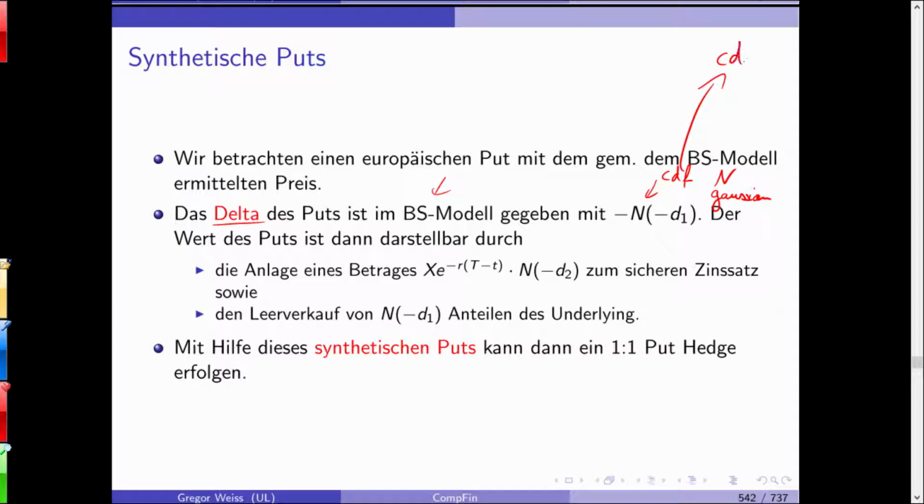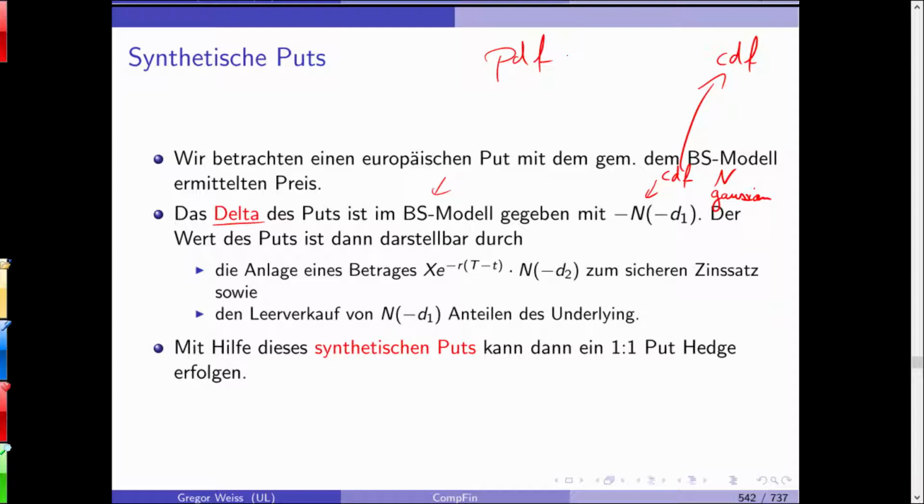In English, CDF is what in German? CDF is cumulative distribution function. Cumulative, referring to that you are summing up those probabilities. And this is what we call in German the Verteilungsfunktion.